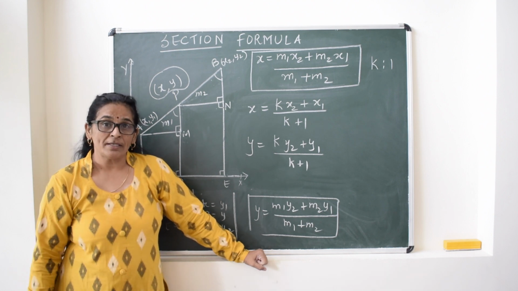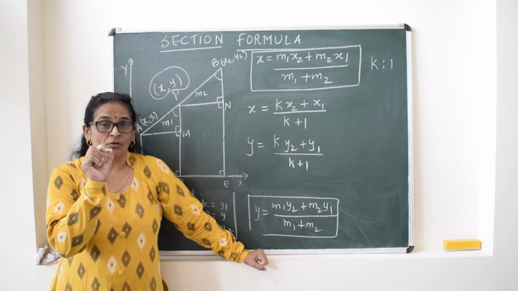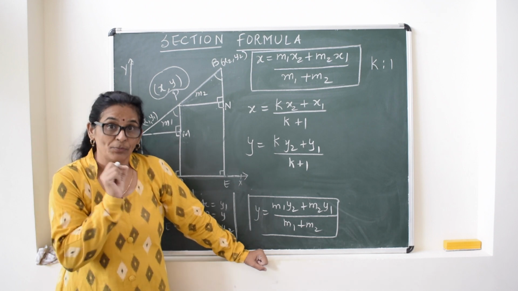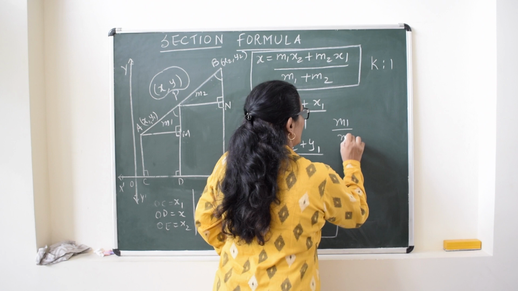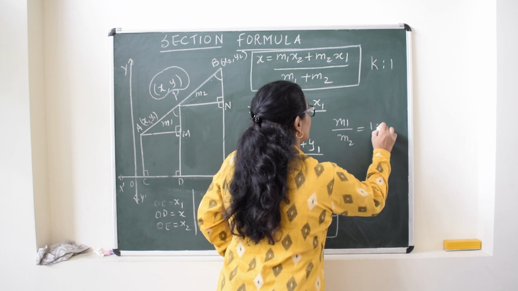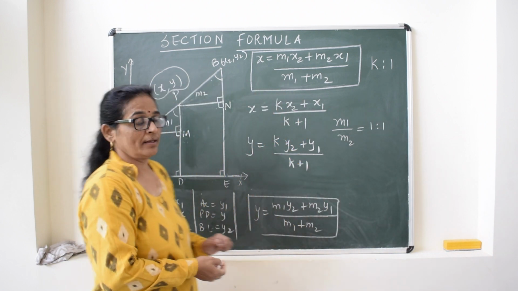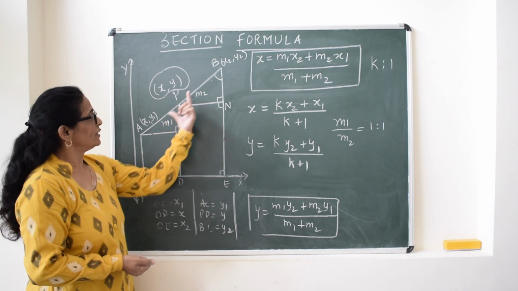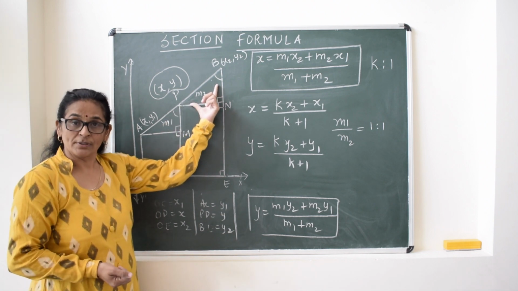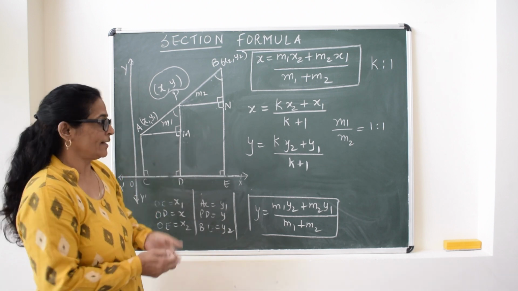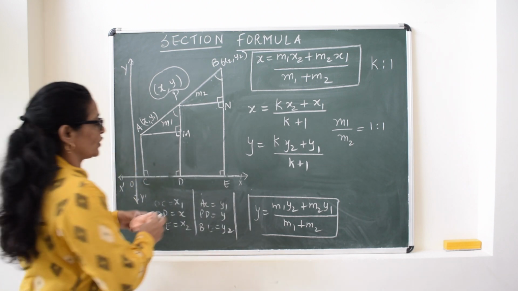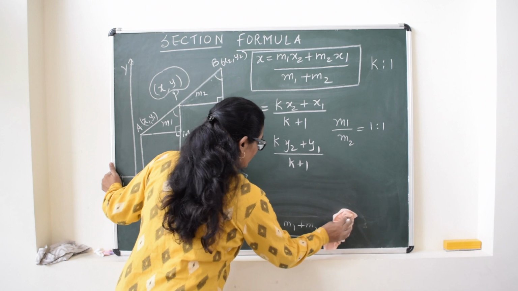Now if this P is exactly in the middle or the center of AB, it means that m1 upon m2 is 1 is to 1. Why? Because m1 is equal to m2, since P is the midpoint of AB. In that case, we will see what the values of x and y are.